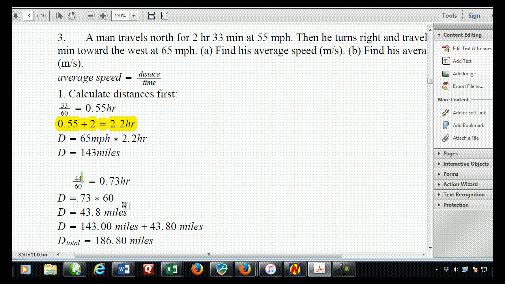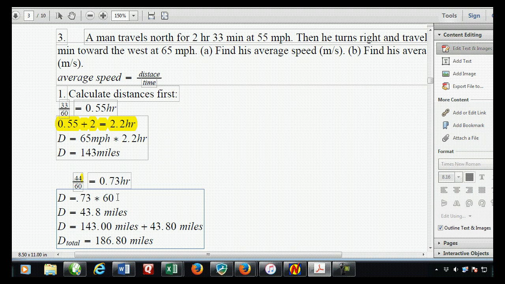So that should have been 65 miles an hour. So let's go ahead and correct that right here really quick. That should have been 65 miles an hour.